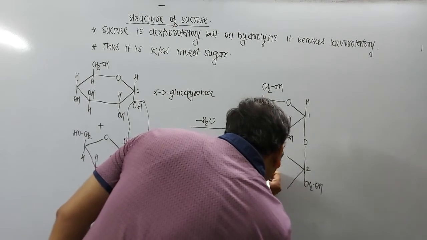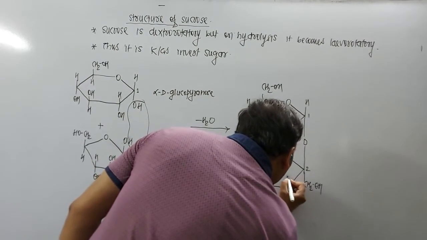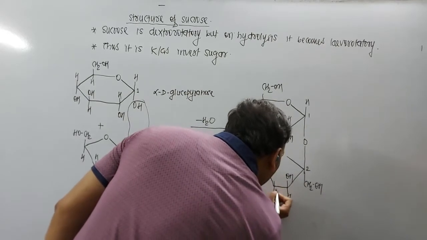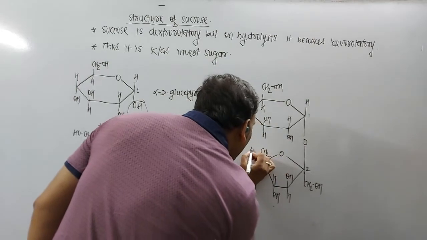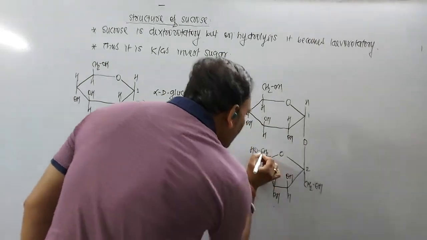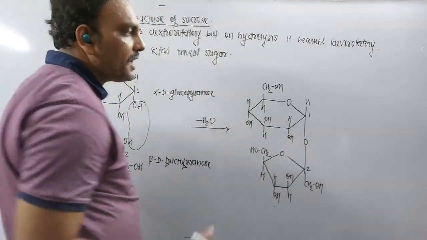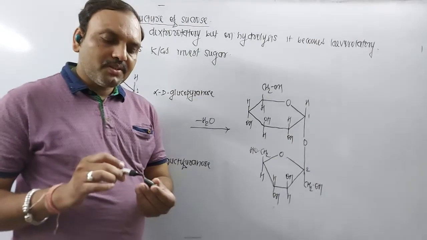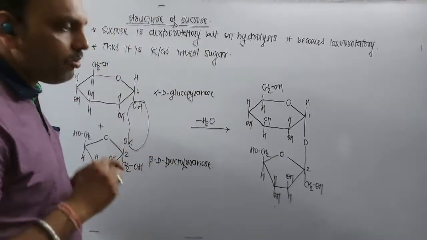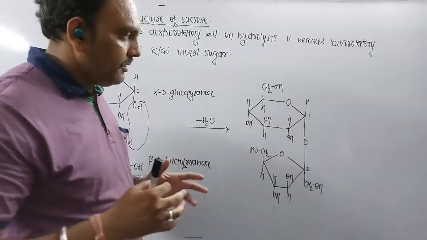Now this is the fructofuranose ring. This happens to be the carbon number 3rd, this happens to be the 4th, and this is the fifth one, and this is sixth one. So remember, this is the acetal linkage or glycosidic linkage, and this is none other than the structure of the sucrose.